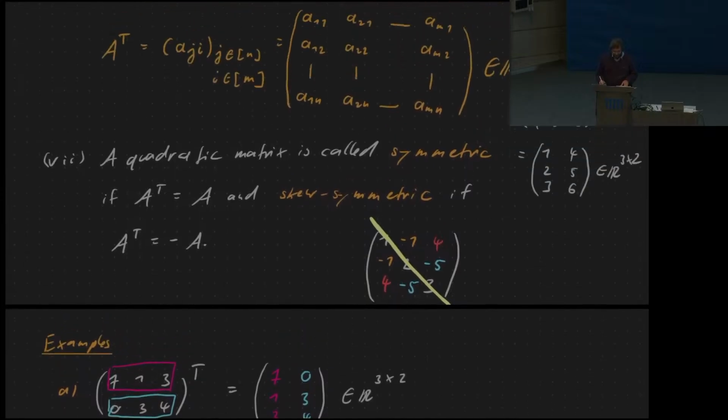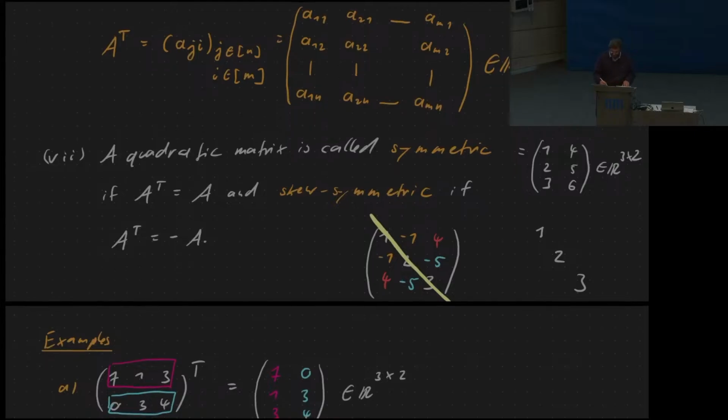And then there's the notion of skew symmetric matrices. It's almost the same thing. But now the transpose is the negative of the original matrix. And if I again start like this, for an example for a skew symmetric matrix, you can hopefully see this won't work out.